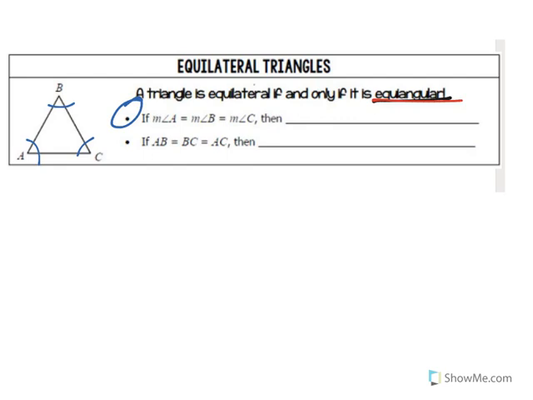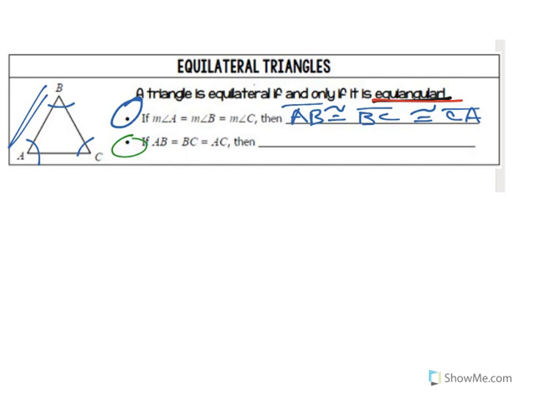And this would also hold true that AB, this side, is congruent to BC, which is also congruent to CA. Okay, and the converse is also true.